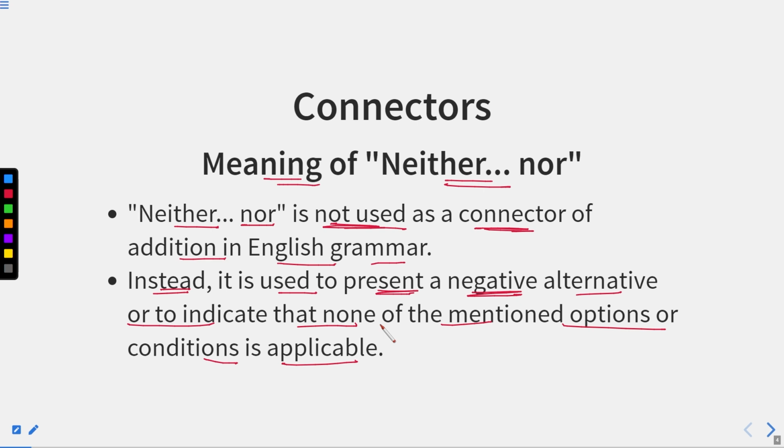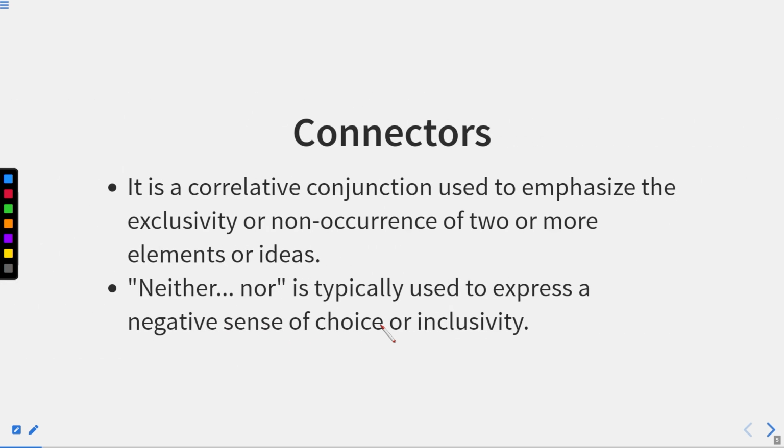If we are using neither nor, it means whatever is mentioned in these two clauses or alternatives, no condition is applicable to them. It is a correlative conjunction used to emphasize exclusivity. Why exclusivity? Because we are excluding both the options. We have two choices, but we are not making any. In fact, we are excluding both the factors.